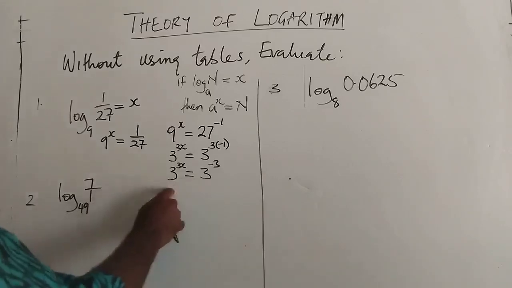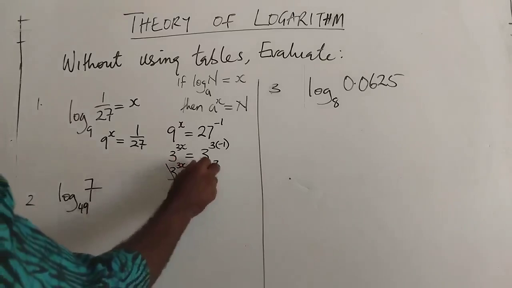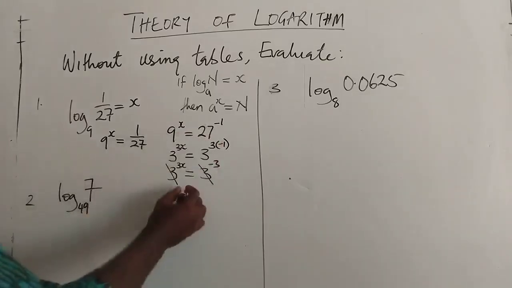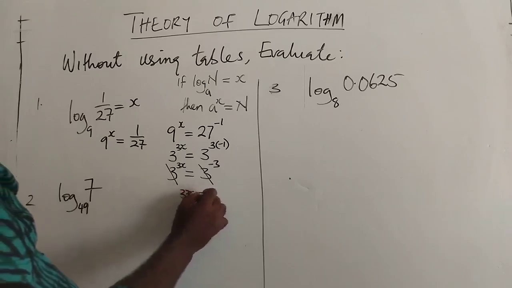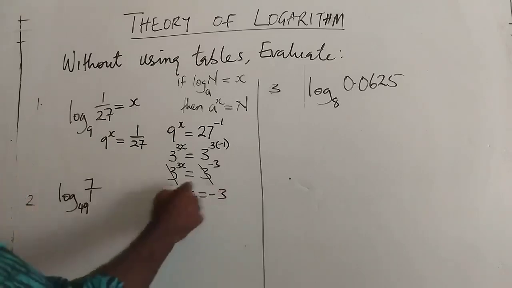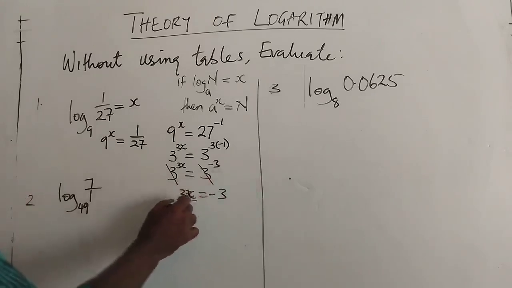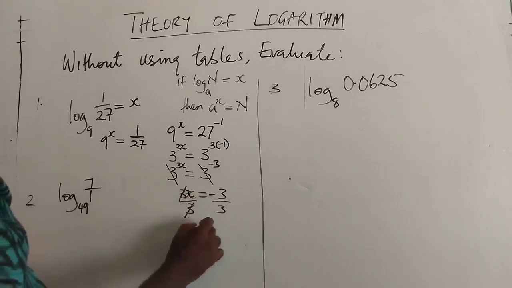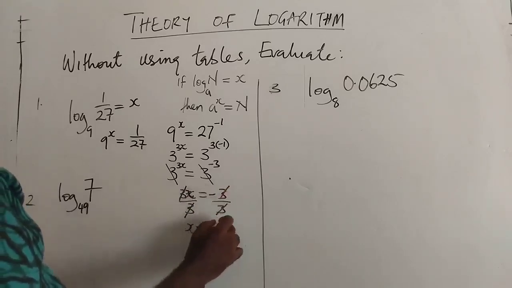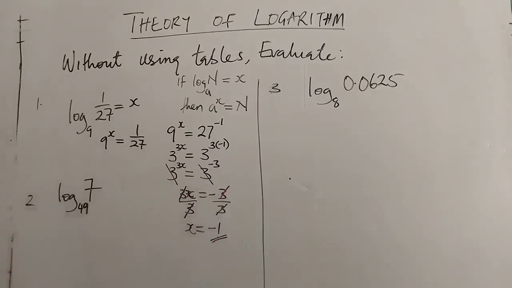Because both of them are the same, this will remove this. Finally, we have 3x equals to minus 3. Dividing both sides by 3, we'll have x equals to minus 1 as our final answer.